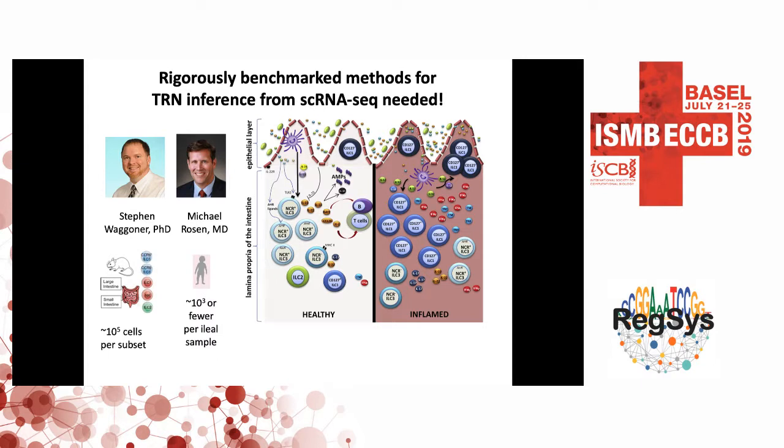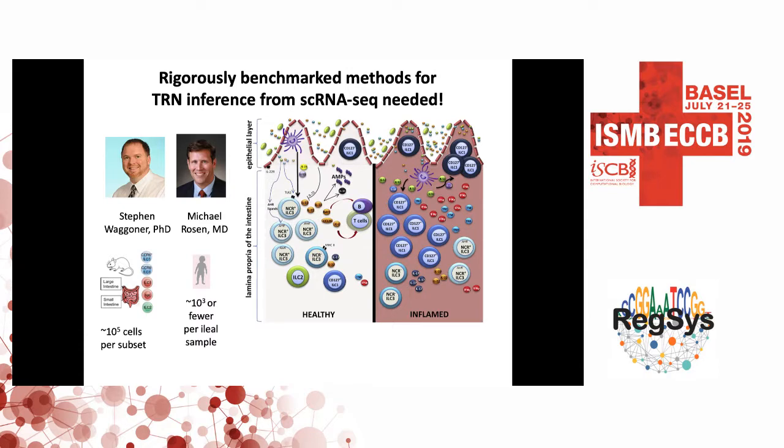If it was a challenge to infer transcriptional regulatory networks in vivo in the intestine of mice, it's an even bigger challenge if you have limits of, say, 10 to the 3rd ILCs per tissue sample from an IBD patient. Also, we needed a method that could generate accurate transcriptional regulatory networks from single-cell RNA-seq.